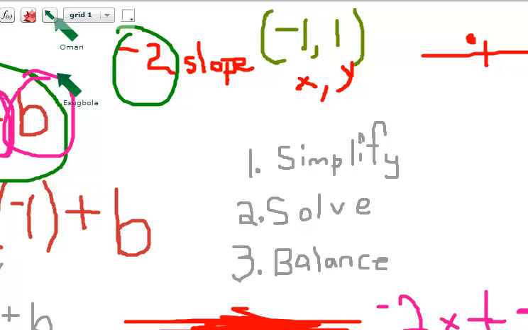Who will pick up reading for us? Omari, I want you to pick up right there in the middle of 135. "If you know any 2 points on a line, you can also find the equation of the line. Just follow these 4 painless steps to find the equation of a line. Step 1. Find the slope of the line. Divide the change in y by the change in x.